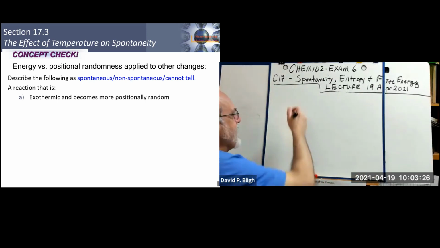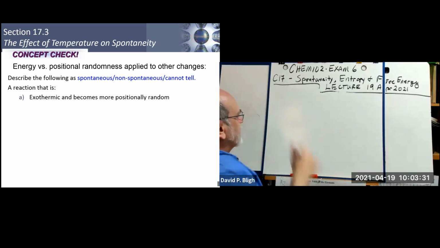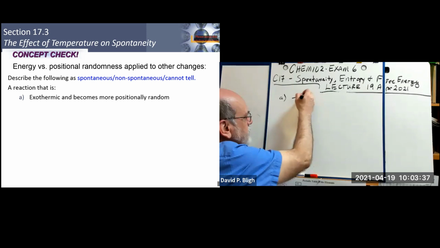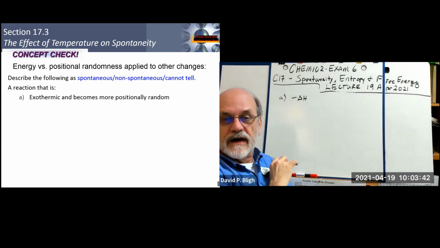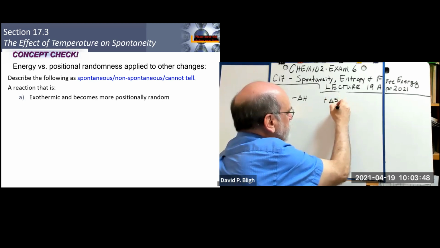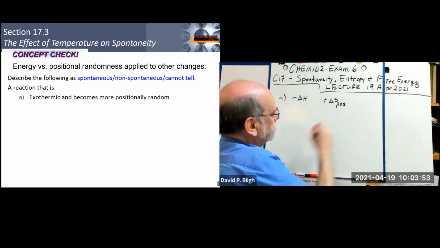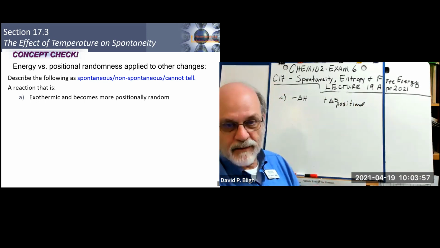Right? So A, little a, is exothermic. So we have a minus delta H, right? Exothermic. But we have more positional randomness. So we have an increase in positional randomness, right? What can we say about that?